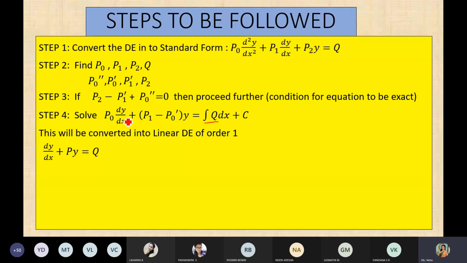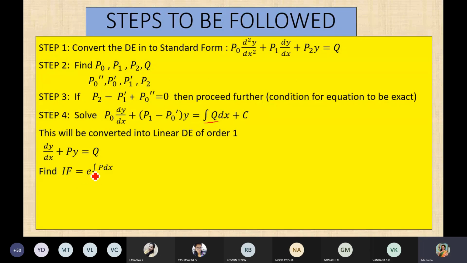For this, whatever coefficient of dy by dx is there, we will divide the entire equation by the coefficient of dy by dx. And do you remember how to solve this equation? We'll take the integrating factor. Very good. Once you reach this step, you will find the IF, which is the integrating factor.